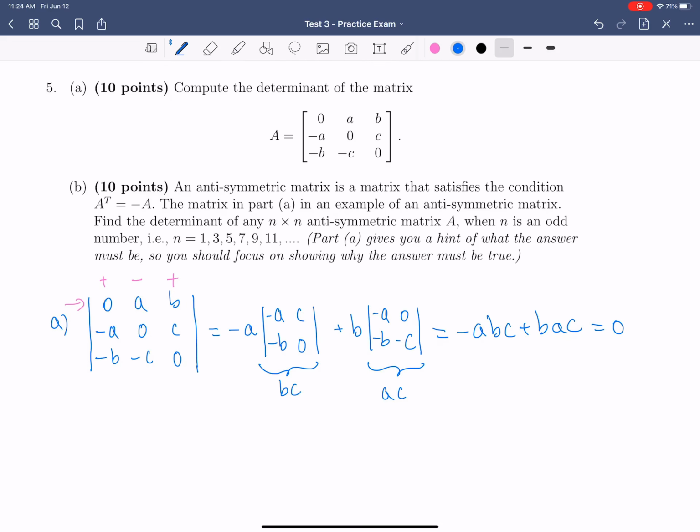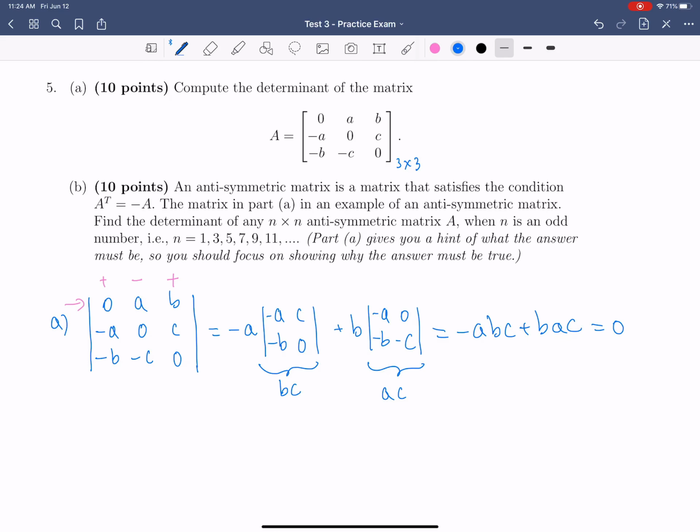So our A here is 3 by 3. What this is saying is that if you have a 4 by 4 matrix, the same rule would not apply. So it says part A gives you a hint of what the answer must be. So you should focus on showing why the answer must be true.